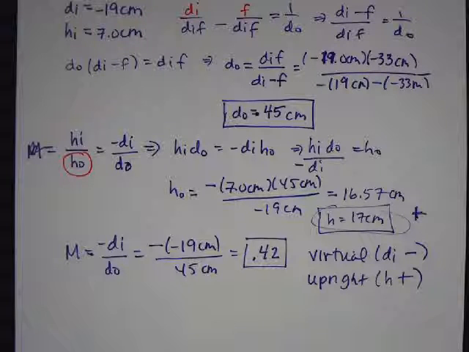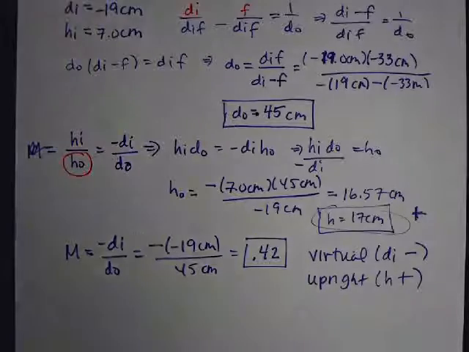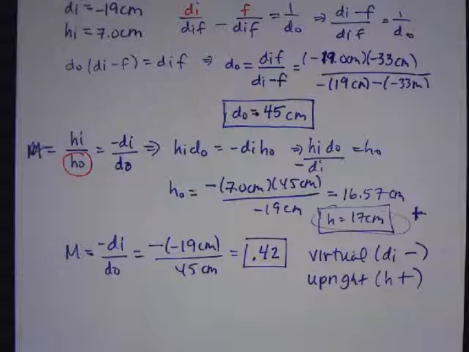All right, now we get to do the fun stuff. We get to do our ray diagram. So I'm going to take out a ruler. Maybe you have an agenda ruler, maybe you don't. But that's what we're going to do right now.